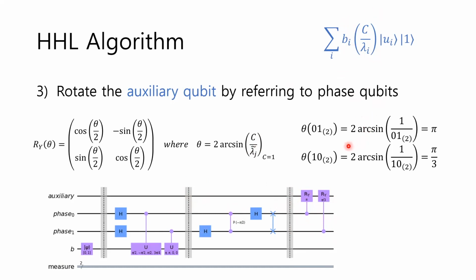This is just sheer calculation. We just set this number C to 1. If the first phase qubit was 1, then we rotate by angle pi. In the case of 1, 0, it will rotate by pi over 3.